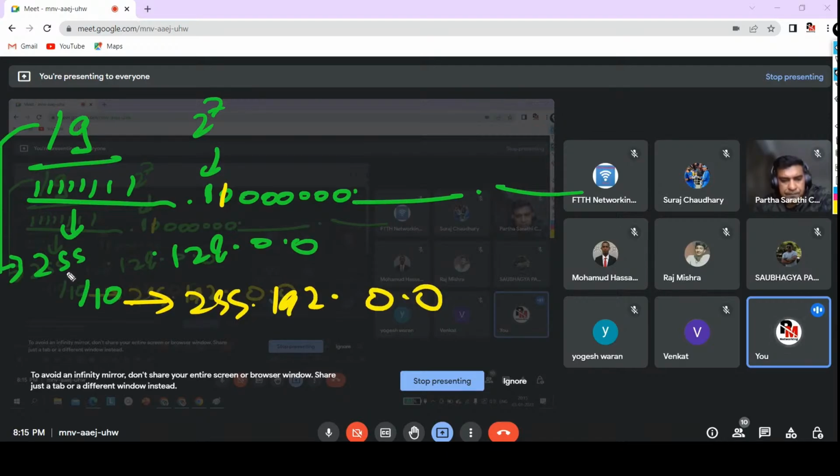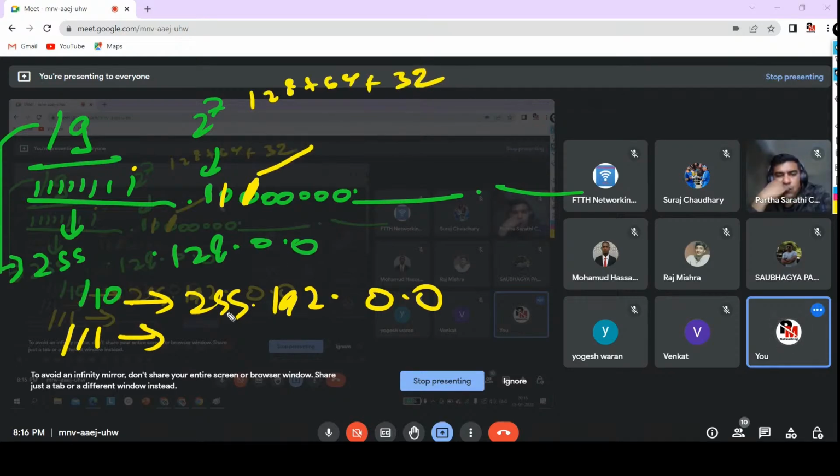For /11, here also you can see there is a 1. 8 bits plus 3 bits, total 11 bits are network. There are 11 network bits. So the subnet mask will be 128 plus 64 plus 32, which is 224. It will be 255.224.0.0.